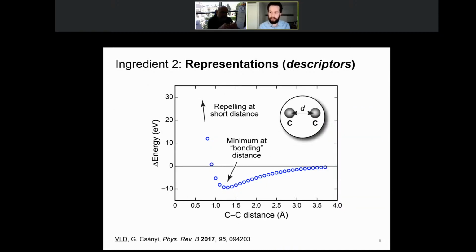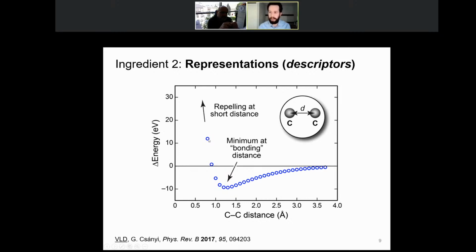Sometimes you need a bit more than that, and this is an example from a potential that we've made for amorphous carbon mainly. So what I'm showing you here is a scan of the potential energy of just two carbon atoms in vacuum, placing them closer and closer together. Of course, this is from DFT. So we'll have some minimum if we bring the atoms close, and then if we bring them too close, they're going to be repelling.